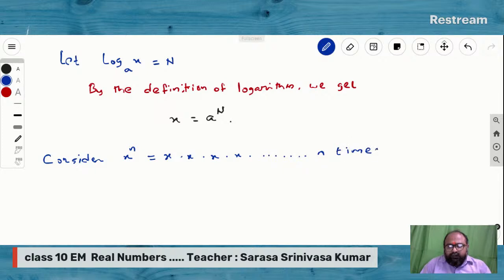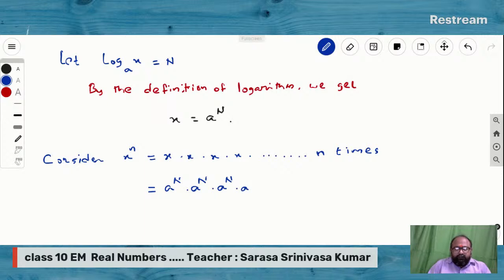So x is multiplied n times. This is equal to a power n multiplied by a power n multiplied by a power n and so on. We multiply a power n for n times.